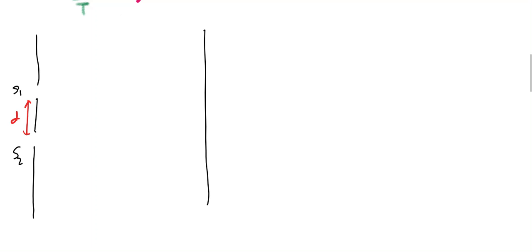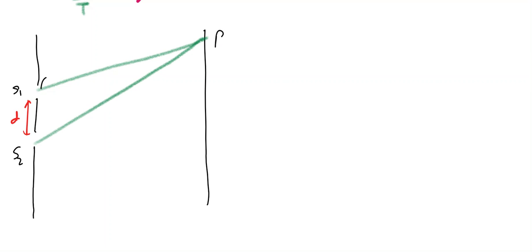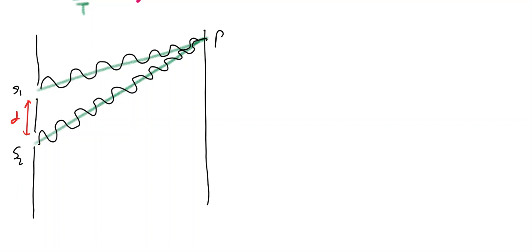So I can always assume some point on the screen where waves due to these two are superposed. So now there are different possibilities. The waves may be reaching point P in such a way that they help each other, meaning they give constructive interference, or else they may be negating, giving destructive interference.